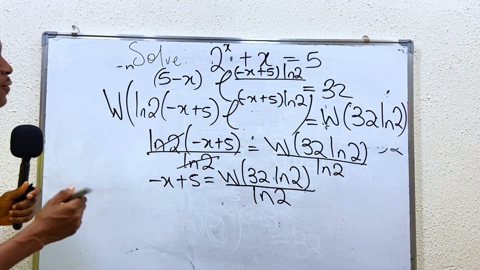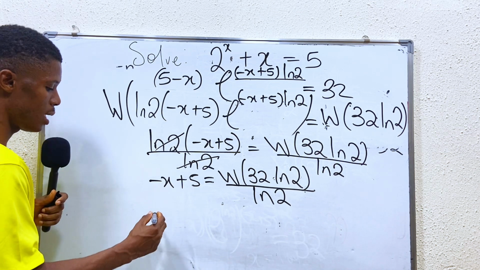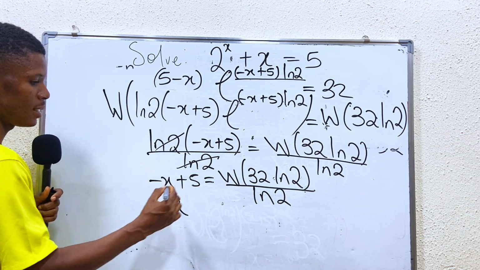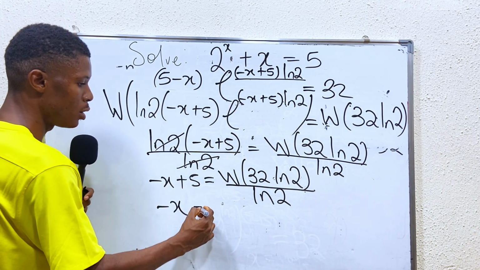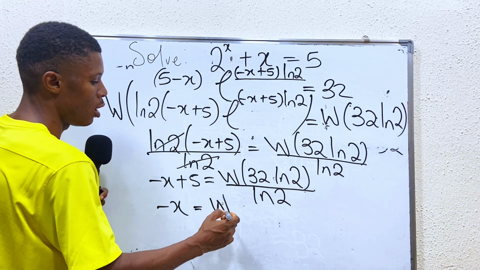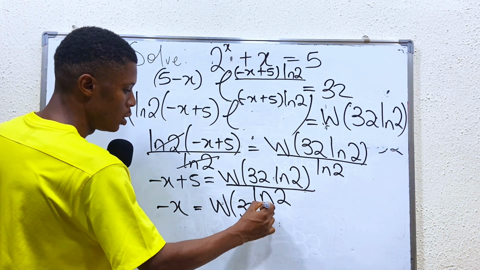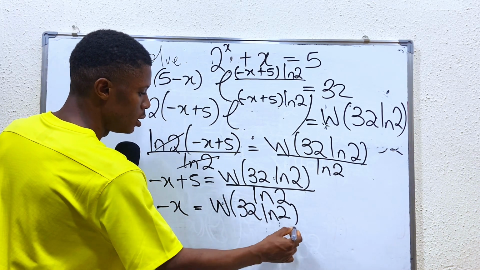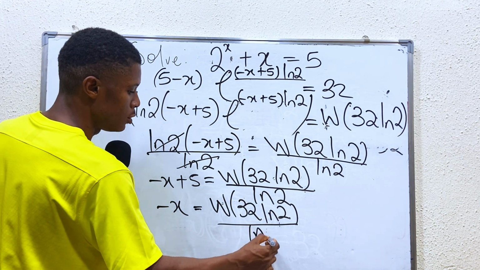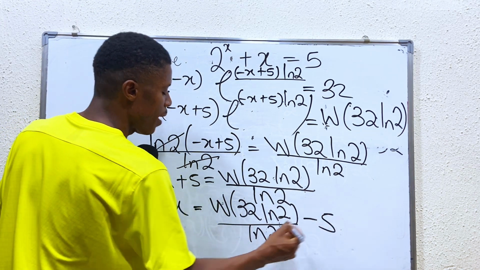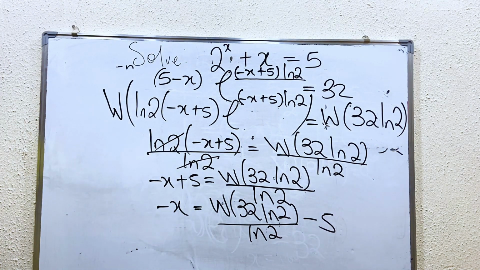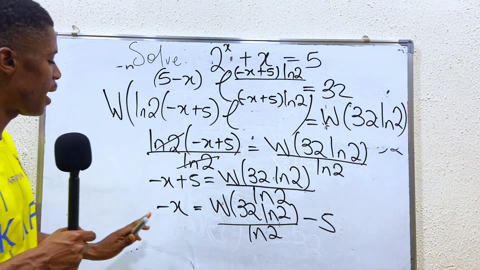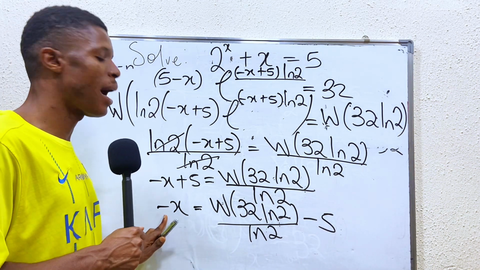Then the next thing we have to do is to subtract 5 from both sides. We have minus x is equal to W function of 32 ln 2 divided by ln 2 minus 5.